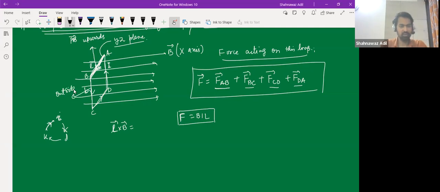Now again, what do we do? So I will switch on to the video, and now we are going inside. So our fingertips in the inside direction, and the palm in the direction of the magnetic field, right? Then we curl our finger.